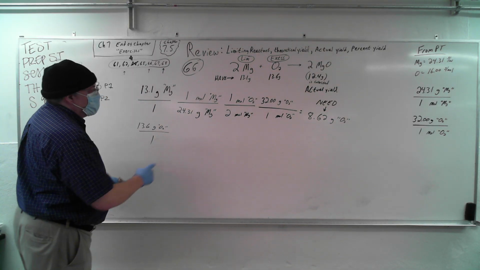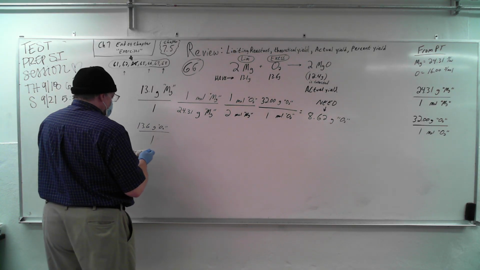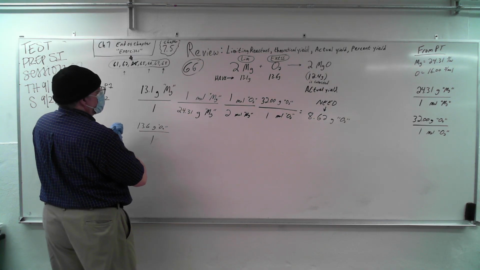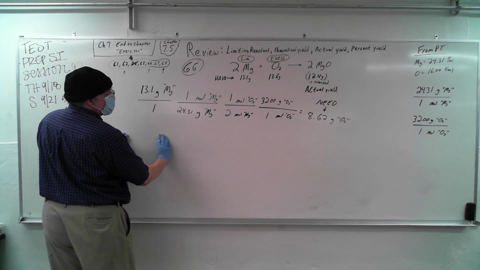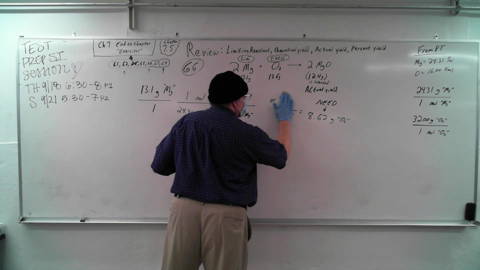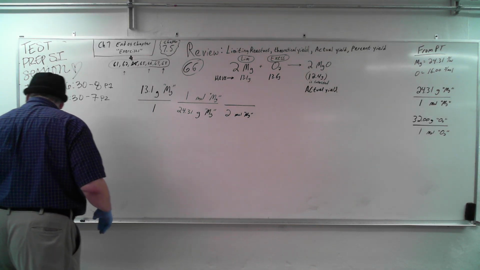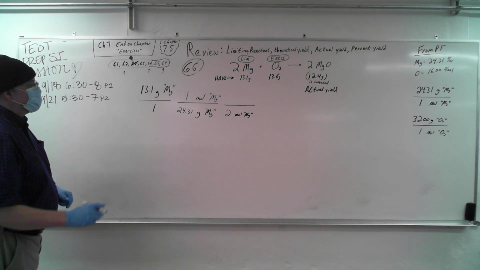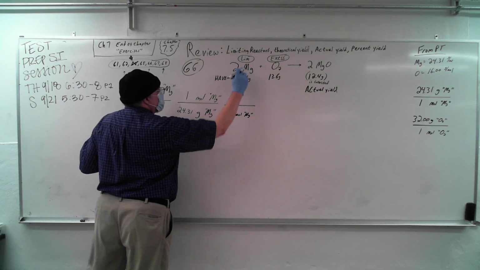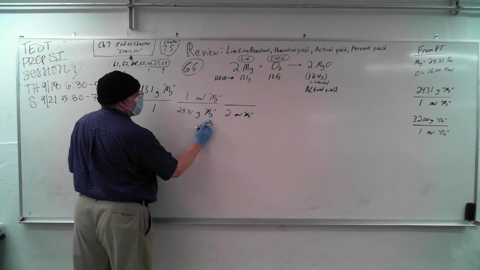So now that we found the limiting reactant, our process now is to find the theoretical yield. Limiting was Mg, so just to save a little time, I can leave all that there, because the way you start, now that I need to find the theoretical yield, and this is limiting, I'm going to start with 13.1 grams of Mg, and then 24.31 grams per mole.